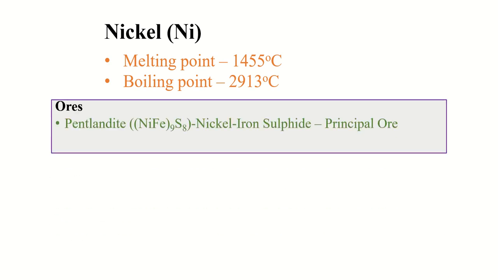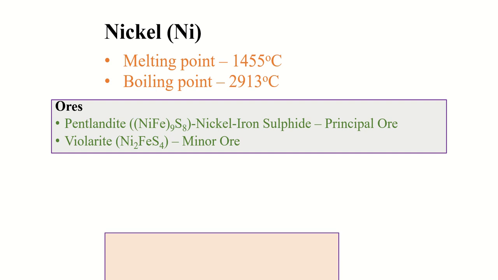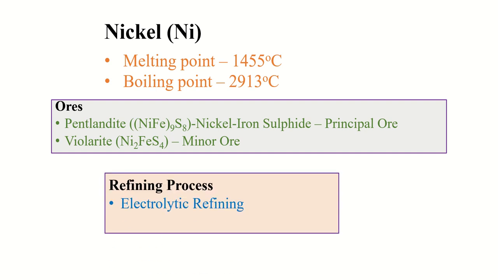And important ores are pentlandite, a nickel iron sulfide, that is the principal ore. And second ore is bunsenite, this is the minor ore. And electrolytic refining is performed. Second, the Mond process of refining is also carried out.